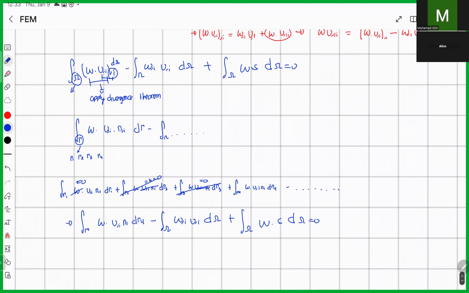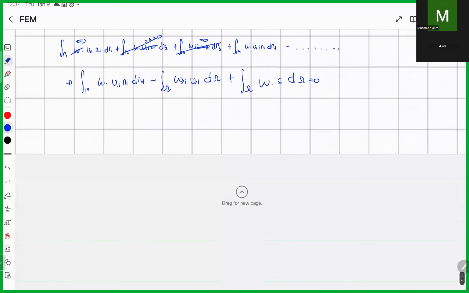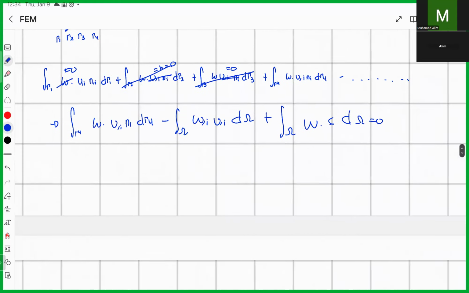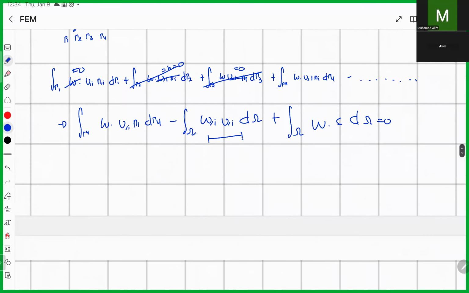So what we want to do is we move the unknown to the left hand side, so eventually you will obtain this value. Okay, this is our weak form. Finally, okay, it's pretty much simple until this point.